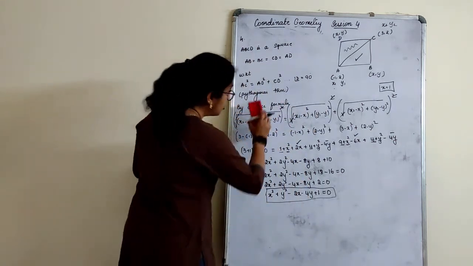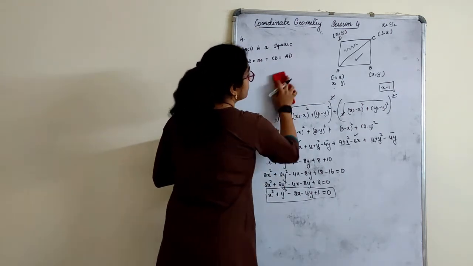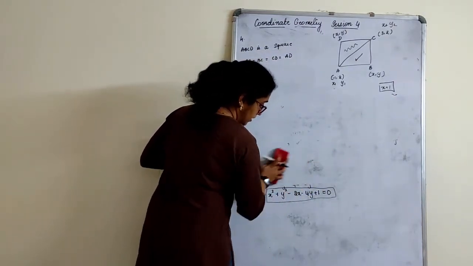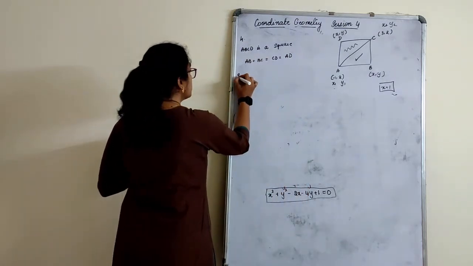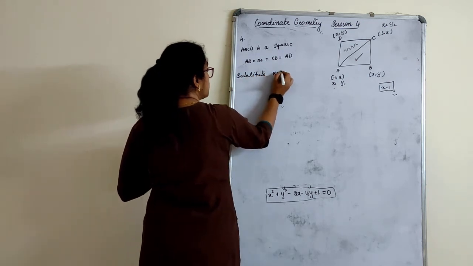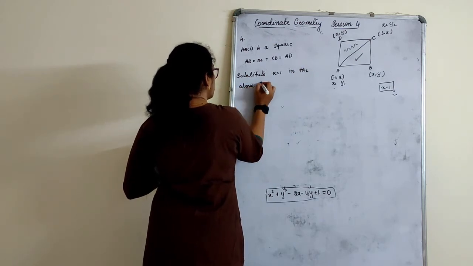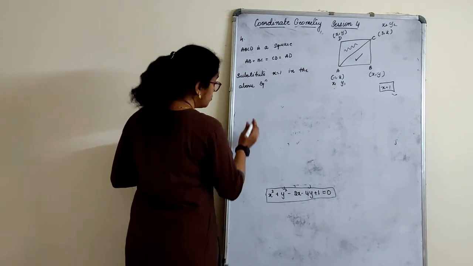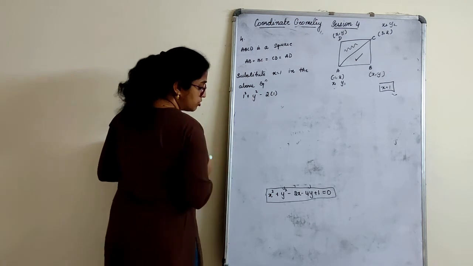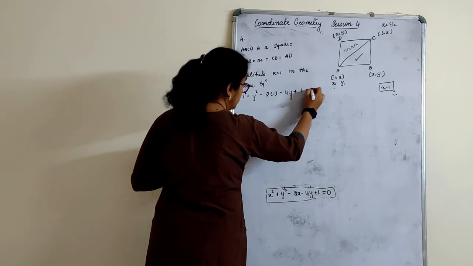So substituting x is equal to 1 in the above equation: 1 square plus y square minus 2 into 1 minus 4y plus 1 is equal to 0.